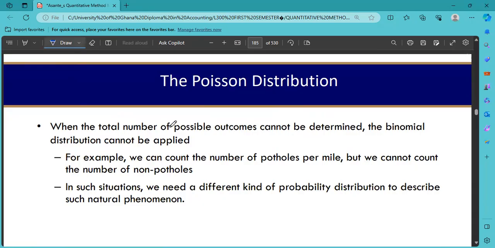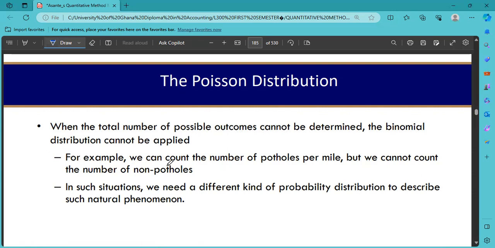When the total number of possible outcomes cannot be determined, the binomial distribution cannot be applied. Binomial distribution is when the total numbers can be determined, but for Poisson distribution, when they cannot be determined, that's when we apply it.